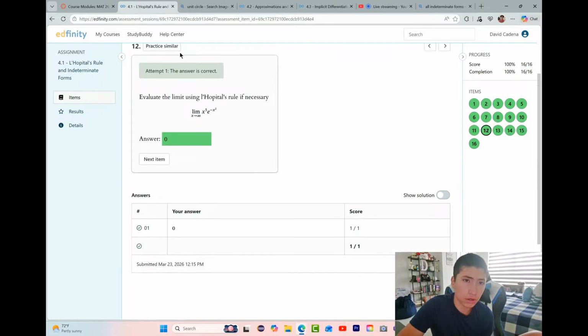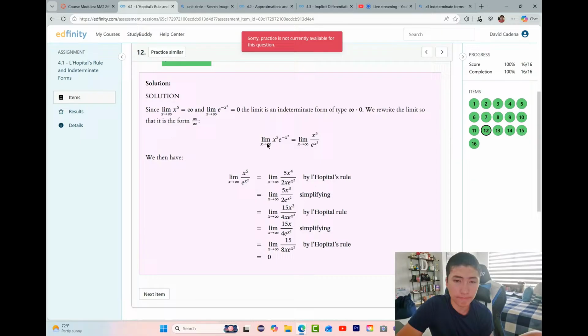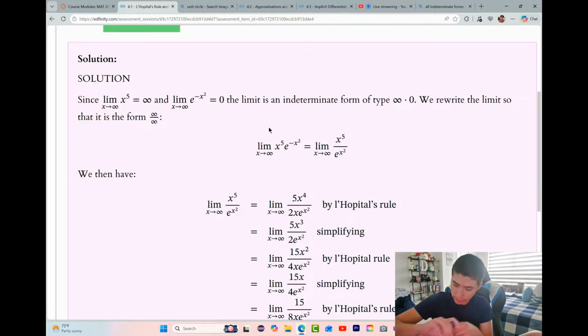Hold on. So how did you do it here? Oh, okay. So if we express it like that, x to the negative 5 is 1 over x to the 5th. So here we get infinity over e to the infinity.